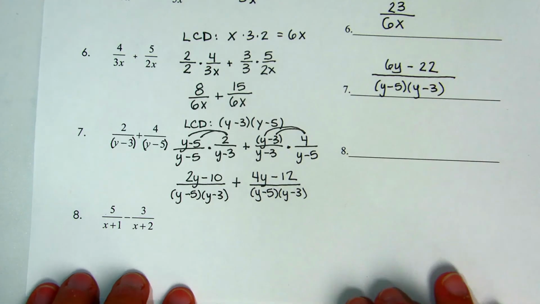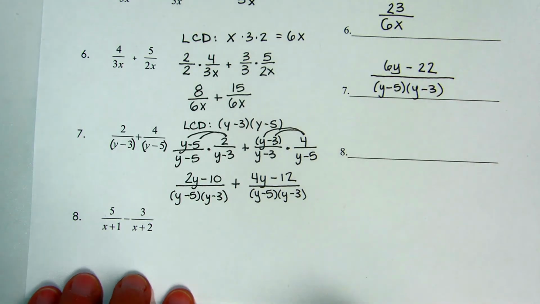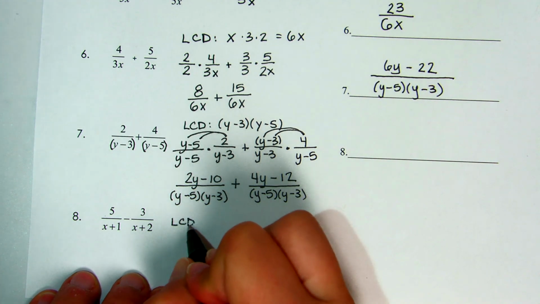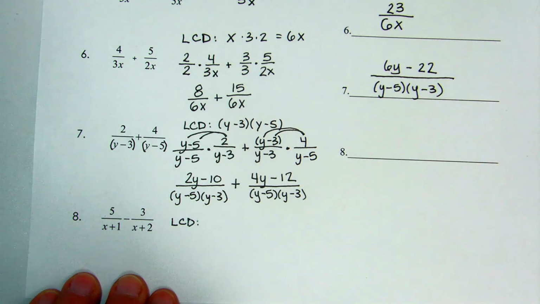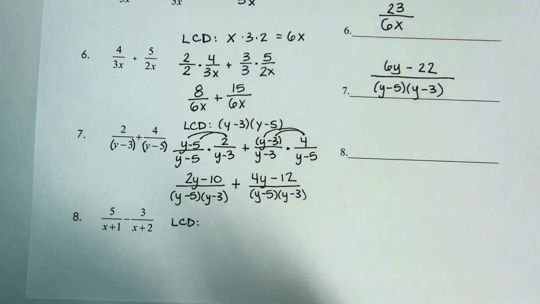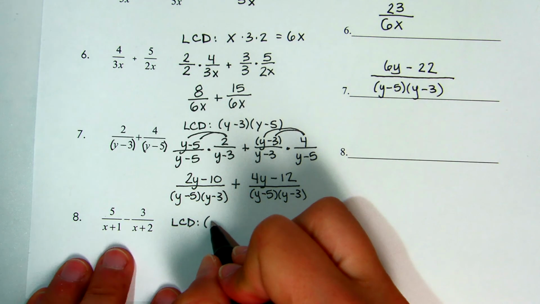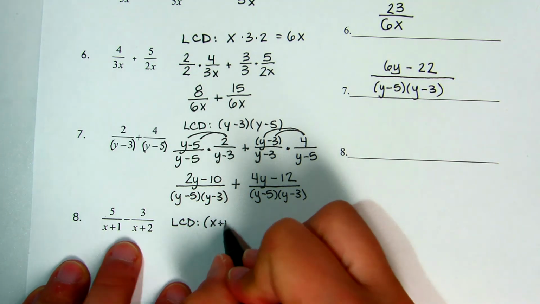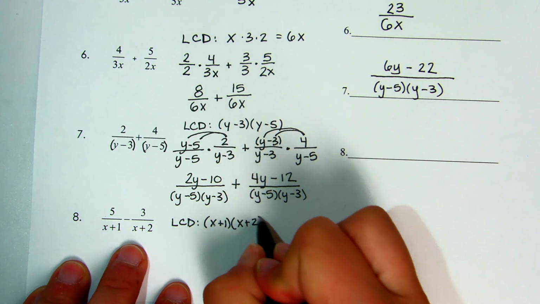The last one, number 8, same process as number 7, except now it's going to be subtraction. So my least common denominator, x plus 1 and x plus 2, they don't have anything in common. They're their own little units. So my least common denominator, I have to take all x plus 1 and x plus 2.